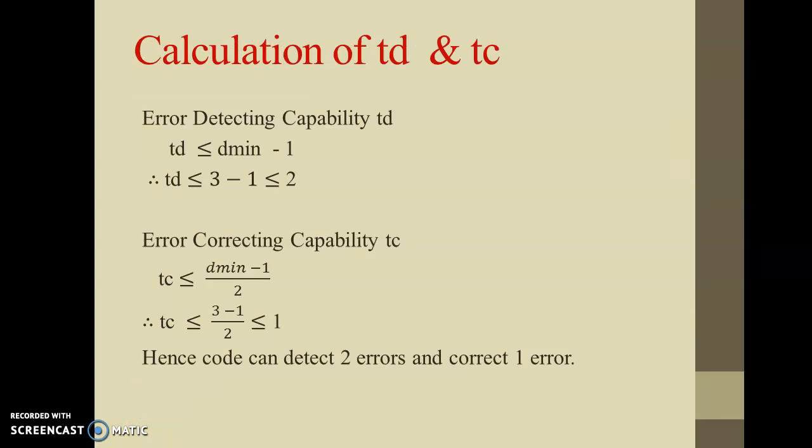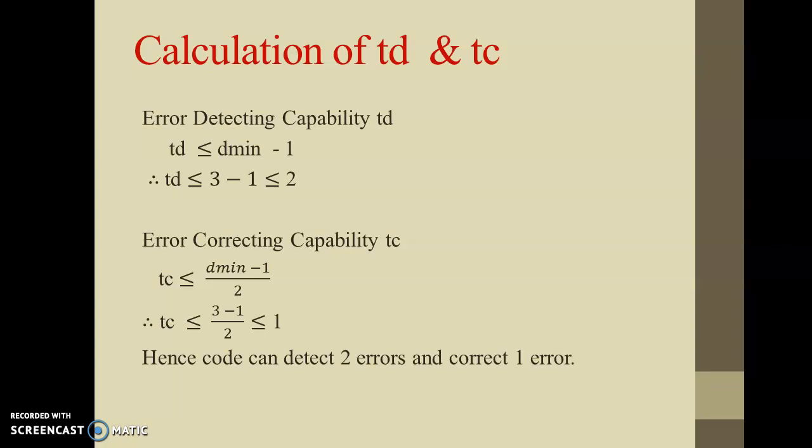The error detecting capability, that is the number of errors that can be detected by using this code, is TD less than or equal to D min minus 1. What is D min for this particular example? It is 3. 3 minus 1 is 2. So TD is equal to 2.